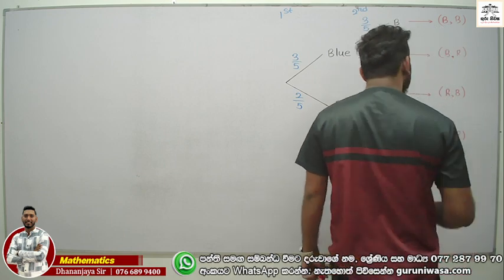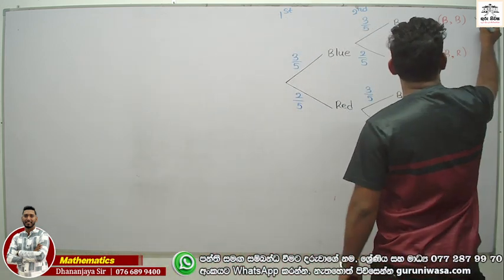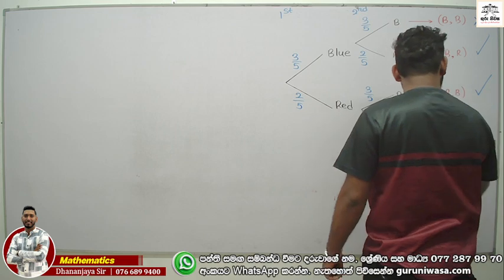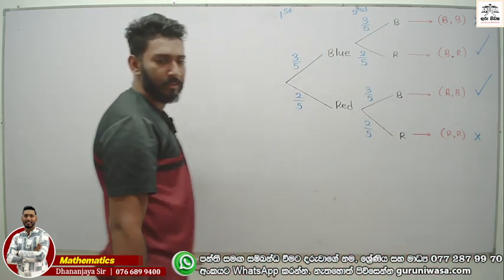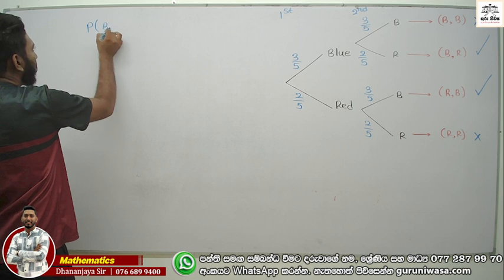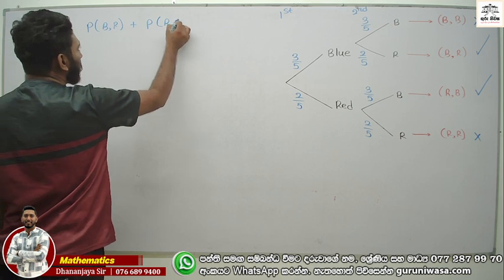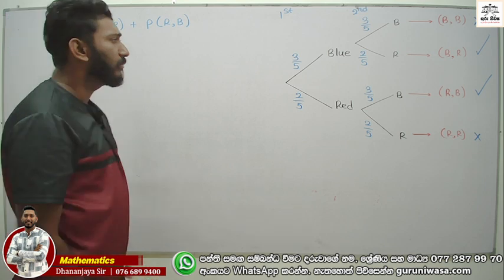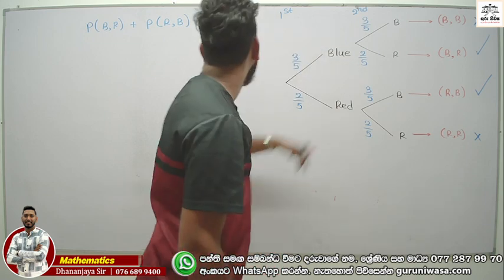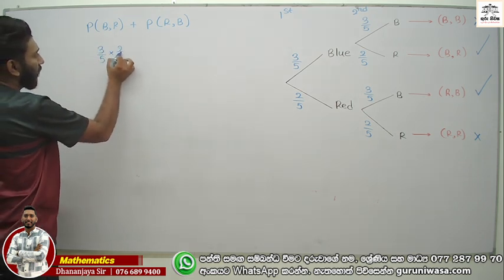Now the question is taking the LED bulbs with different colors. Does BB count? No, because it is the same color. This one, yes. This one, yes. This one, no. Therefore you have to find the probability PBR, the probability of getting blue and red, plus PRB, red and blue. How to find PBR? You multiply 3/5 into 2/5.